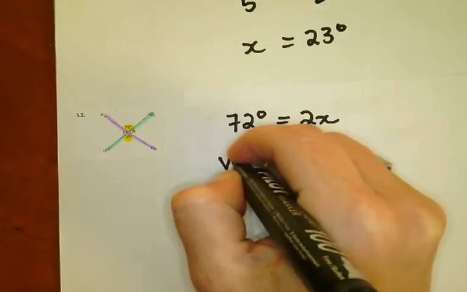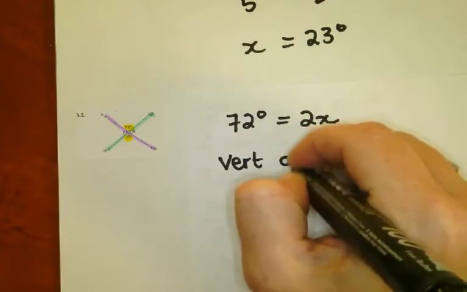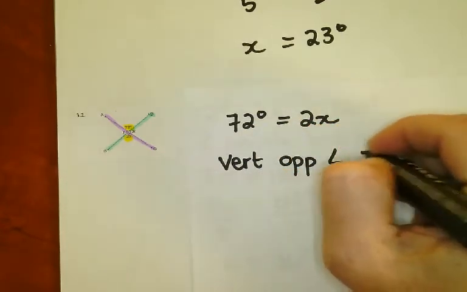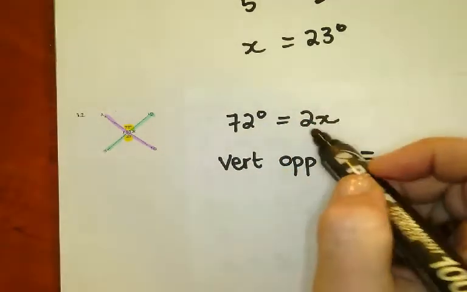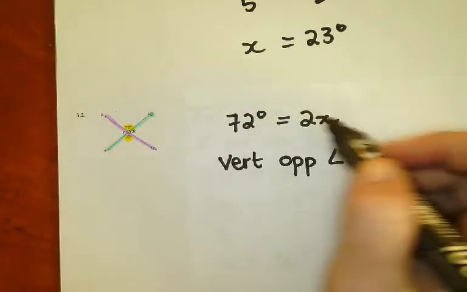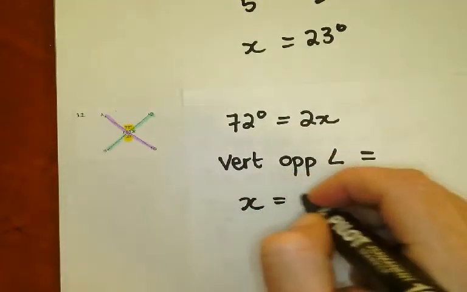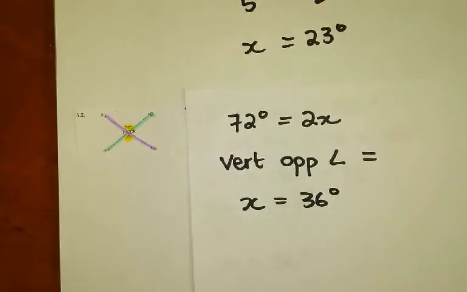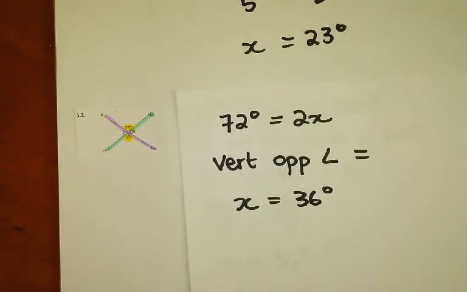Why? Because vertically opposite angles are equal. So I want to get x on its own. I divide both sides by 2 and I get 36 degrees. Okay, so that's how I'm going to solve for x. You can use any one of the three. It depends on which one you see.